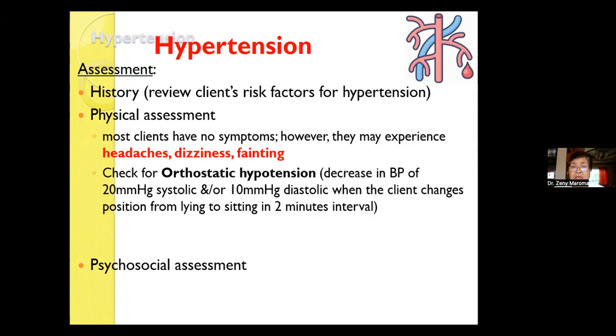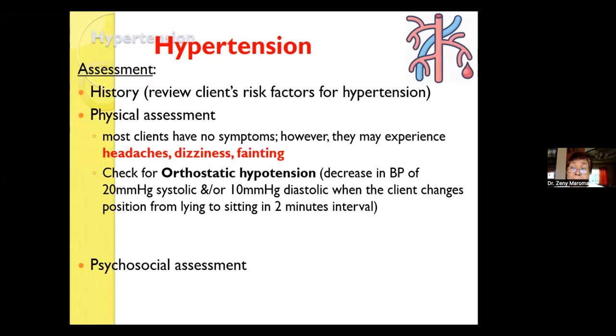Check for orthostatic hypotension: a decrease in BP of 20 mmHg systolic or 10 mmHg diastolic with a change of position from lying to sitting in 2 minutes interval.